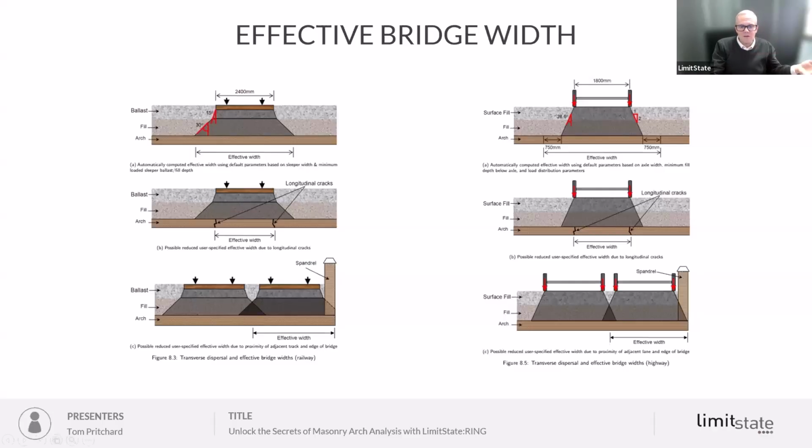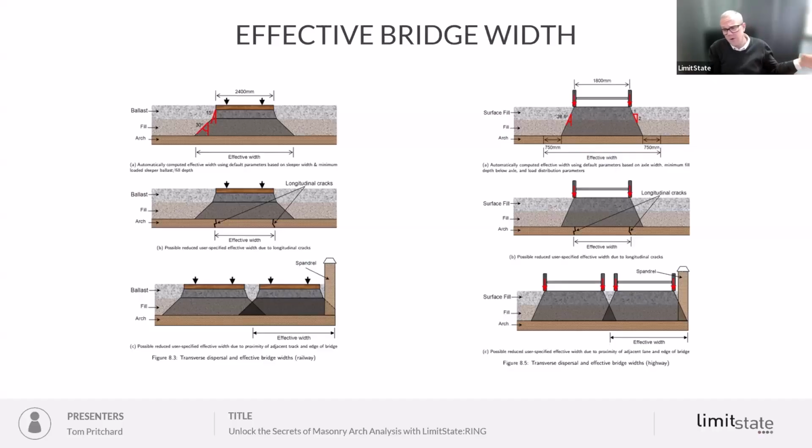So in many cases, the most demanding situation for a cracked structure will occur when there's a wheel positioned directly over the location of a crack and there's very little opportunity for that load to spread out before it reaches the barrel. You should also consider all possible loading scenarios.